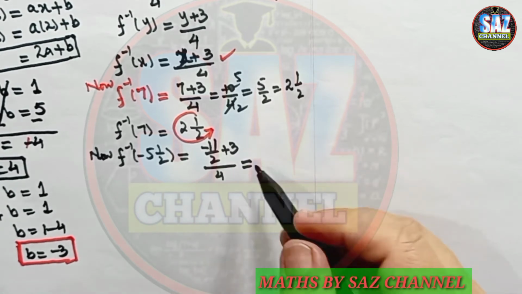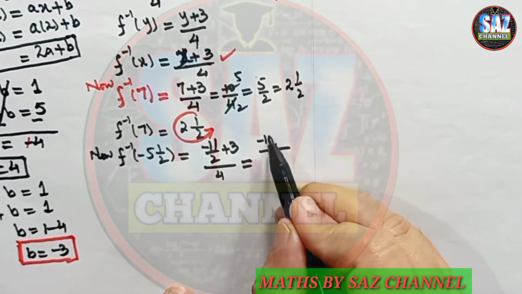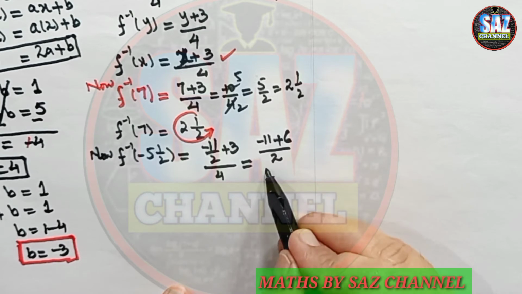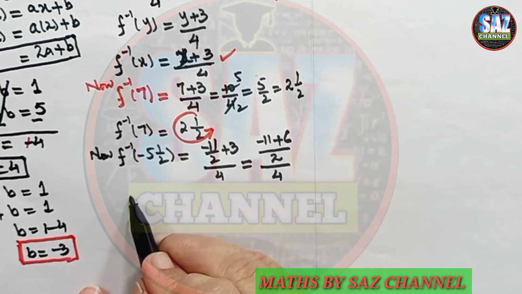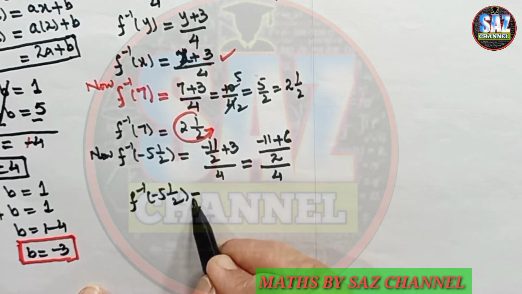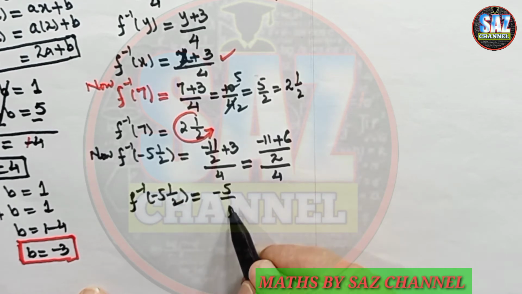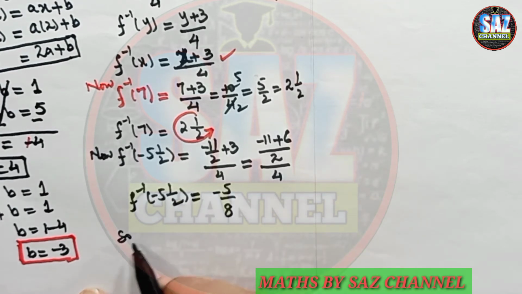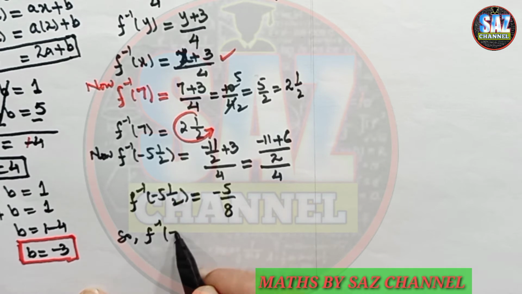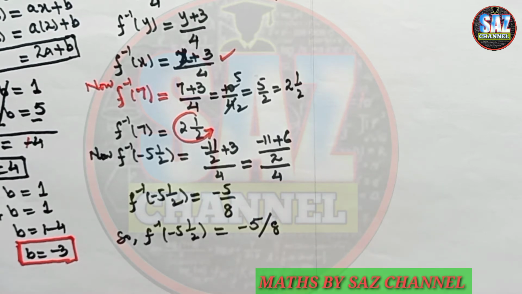Take the LCM of the numerator and it will take the form, 2 will be the LCM, minus 11 plus 6 upon 4. 11 minus 6 is minus 5 upon 8. So the answer of f inverse of minus 5 whole 1 by 2 equals minus 5 by 8. I hope you are clear about this question.